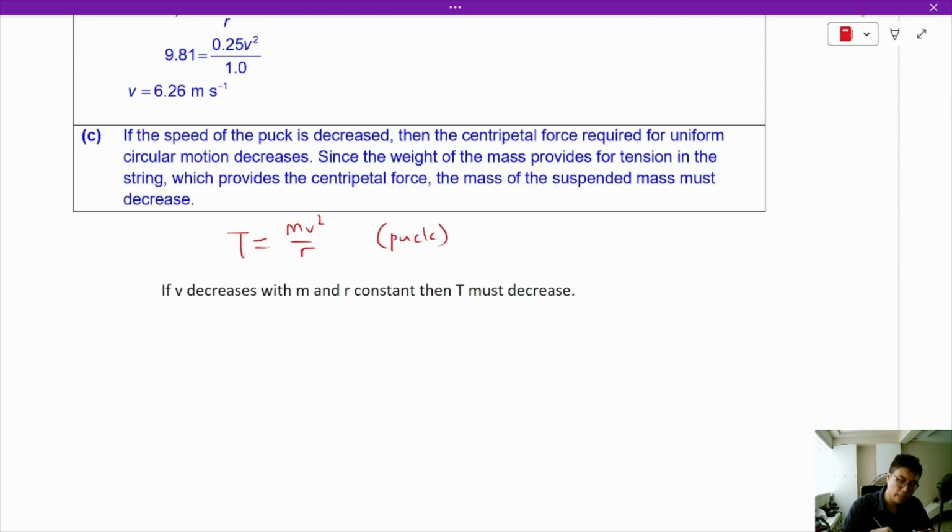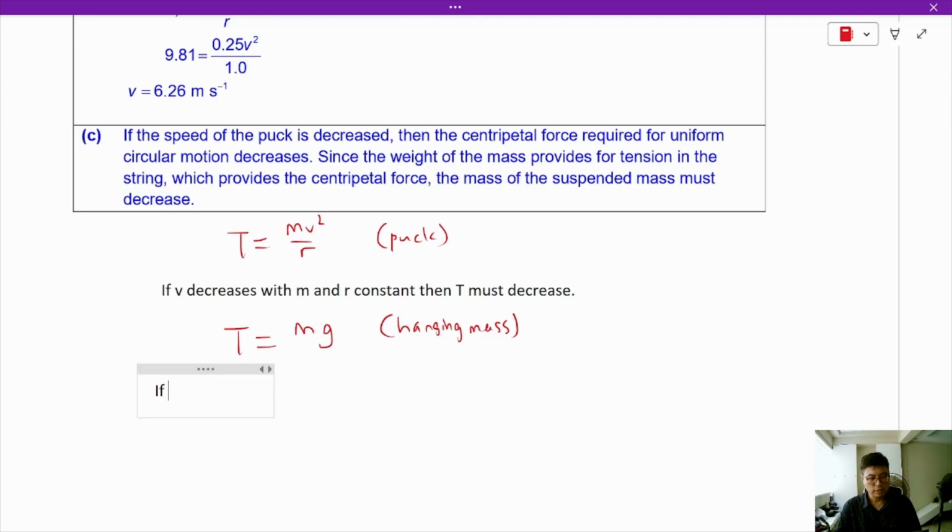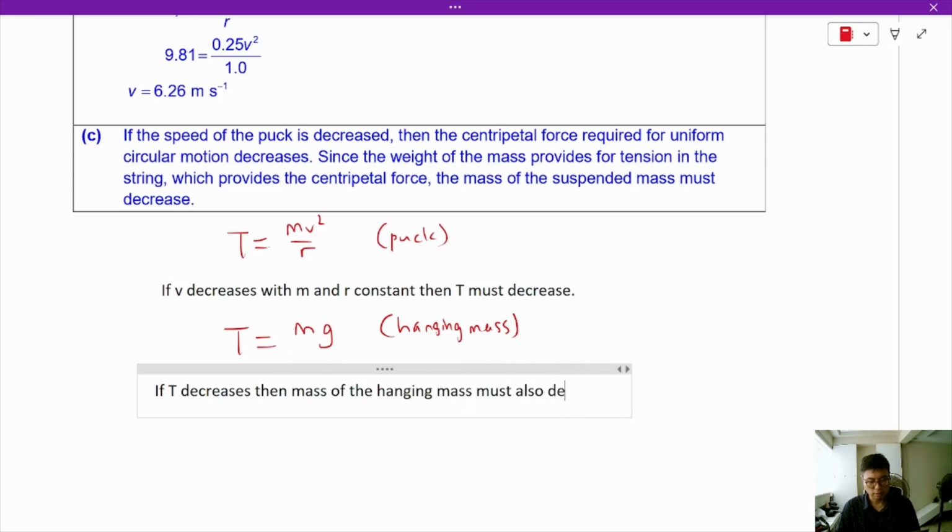What about the hanging mass? For the hanging mass, T is equal to mg. And I think you can see where I'm going. So if T decreases, then the mass of the hanging mass must also decrease. All right, so this is question 5.